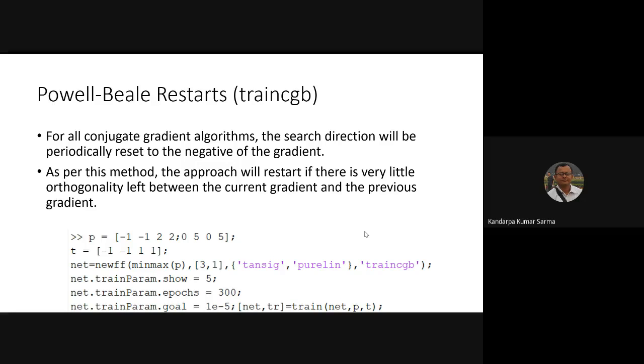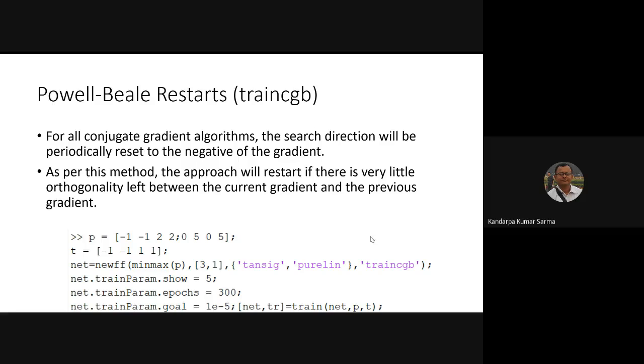So by following the steps given by this particular method, this method will restart if there is very little orthogonality left between the current gradient and the previous gradient. So it senses the variation of the gradient, and that way will decide or will start from a fresh value.